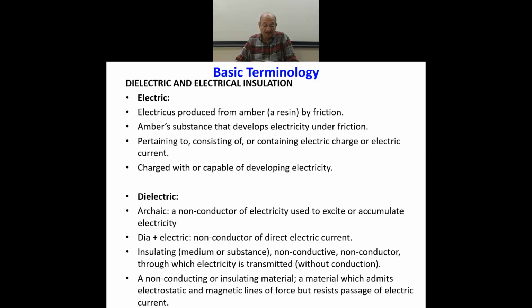A non-conducting or insulating material is a material which admits electrostatic and magnetic lines of force but resists passage of electric current. Lines of force do exist in the material, but the insulating material does not allow passage of the current. So this is the way dielectric has been defined.